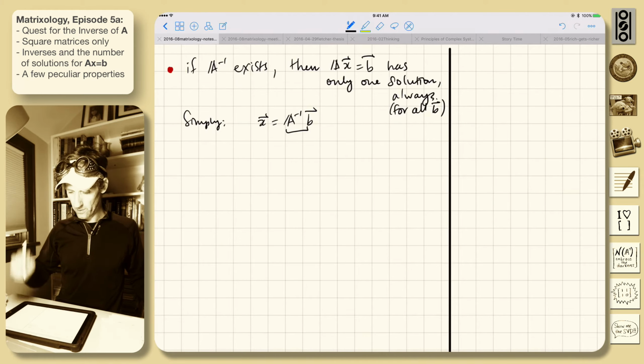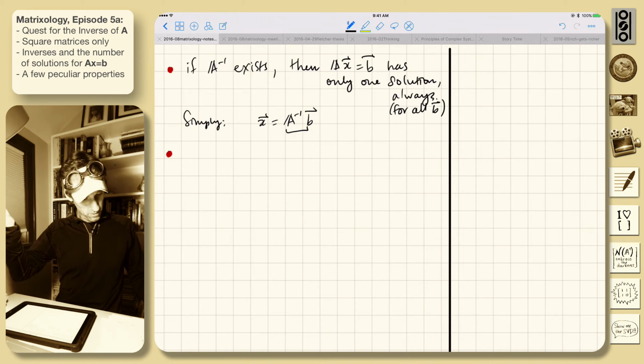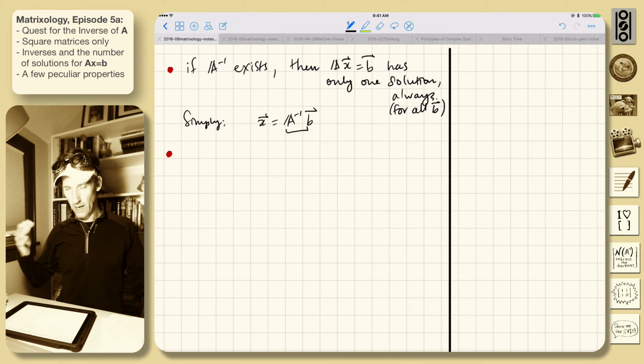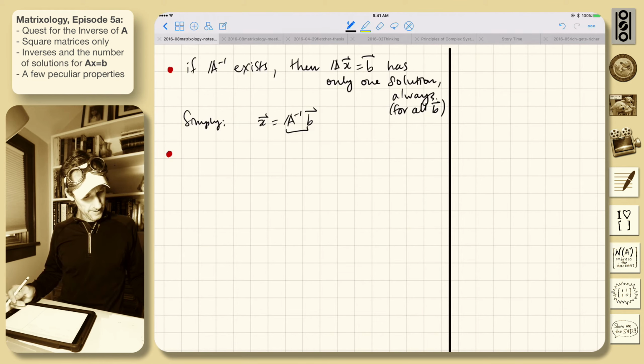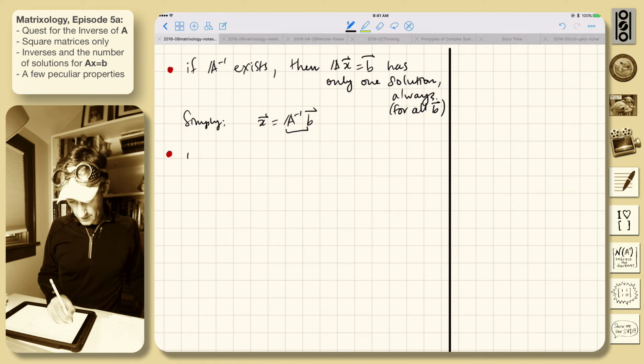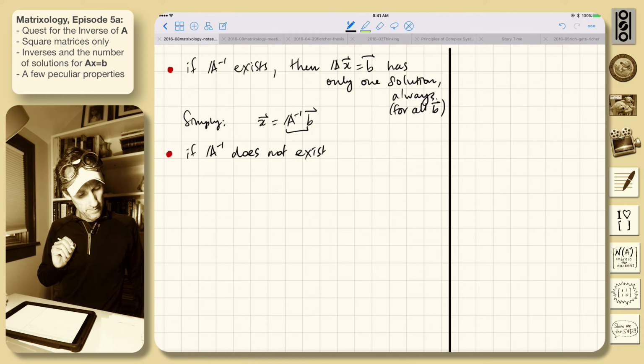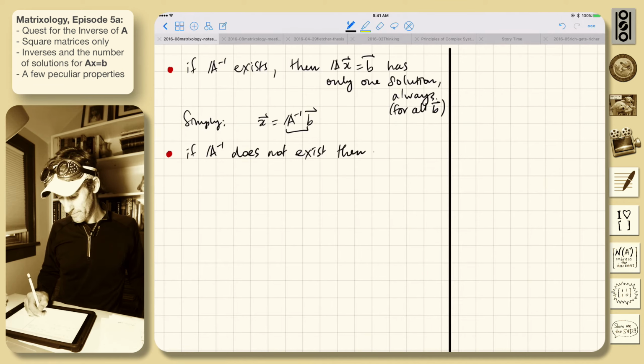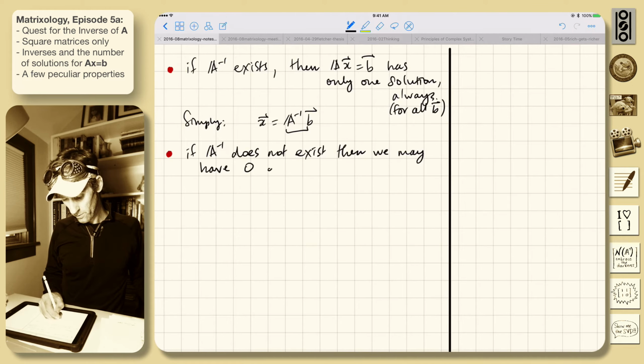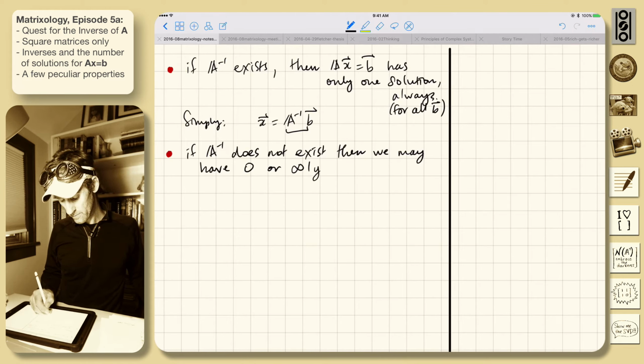So we know there are 0, 1, and infinitely many solutions to these linear problems. And so if A to the minus 1 does not exist, that's when we get into these other ones. If we don't have it, can't make it, then we may have 0 or infinitely many solutions.